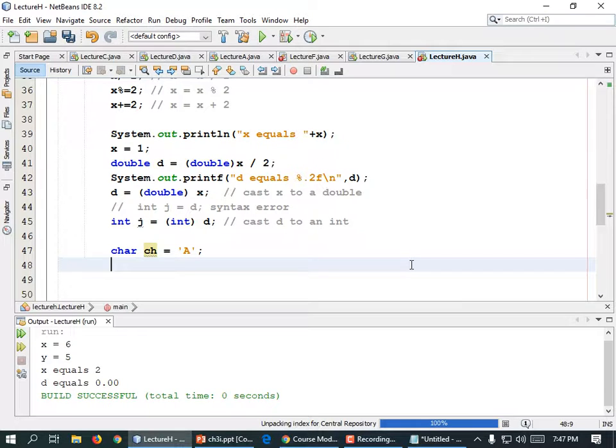So we can find out what the numeric value of that is as well. x = (int) ch. Convert a to a number. And let's print them both out.